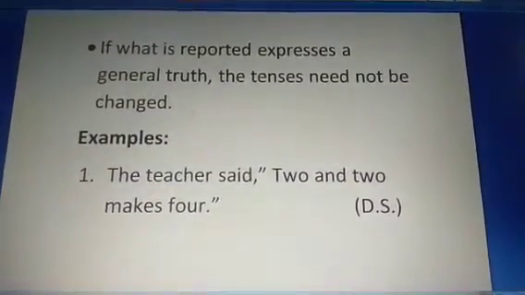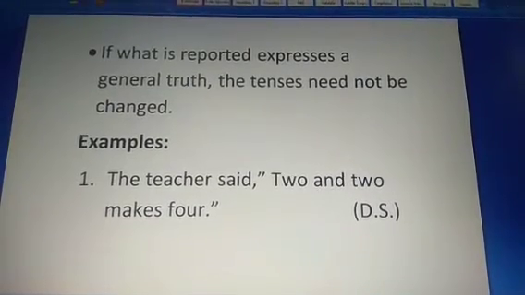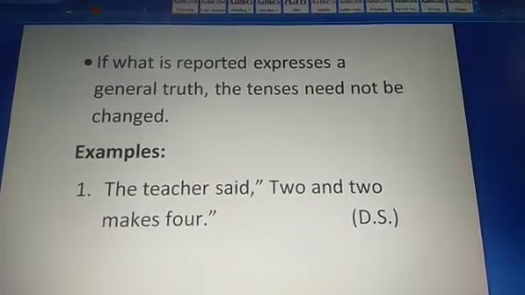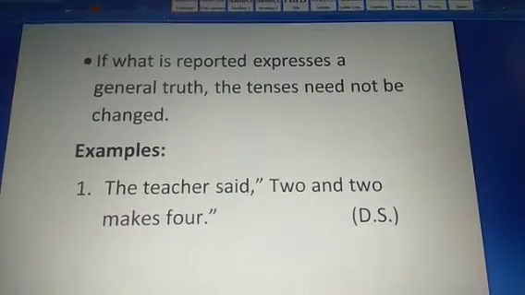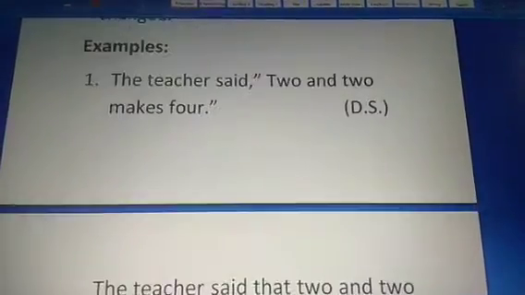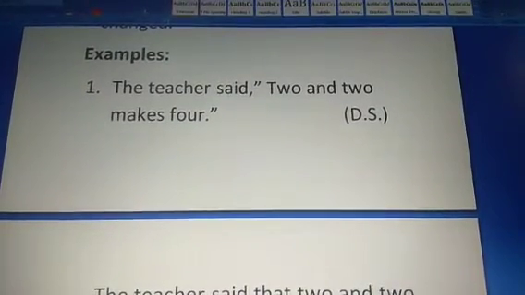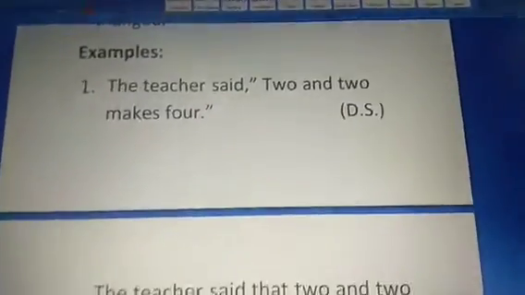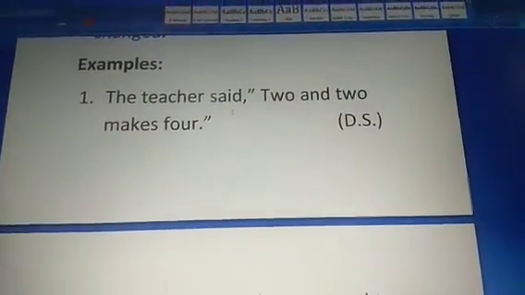Now, another very important point is that if what is reported expresses a general truth, the tenses need not be changed. And the examples are, the teacher said 2 and 2 makes 4. Now, the teacher said is the reporting verb, and 2 and 2 makes 4 is the reported speech.